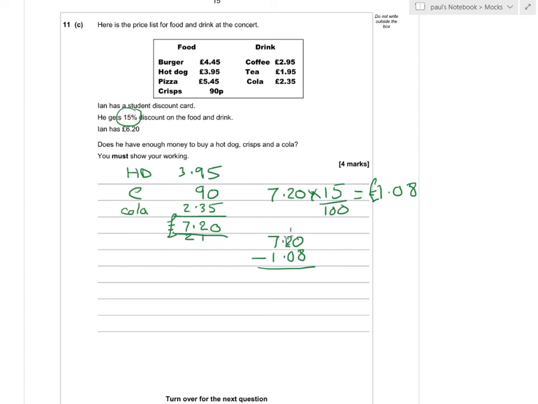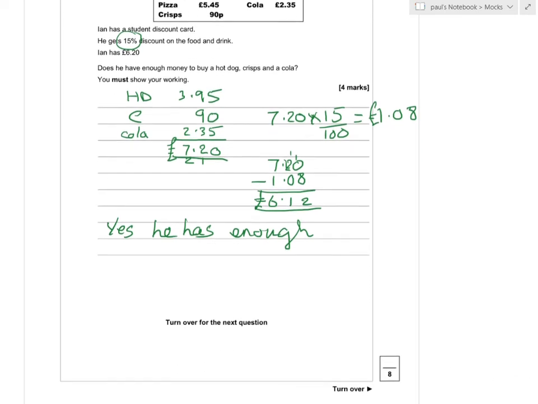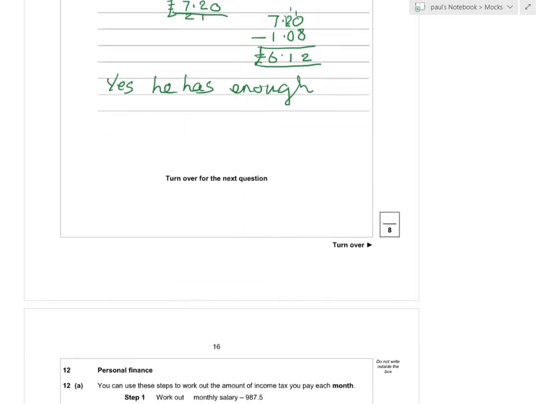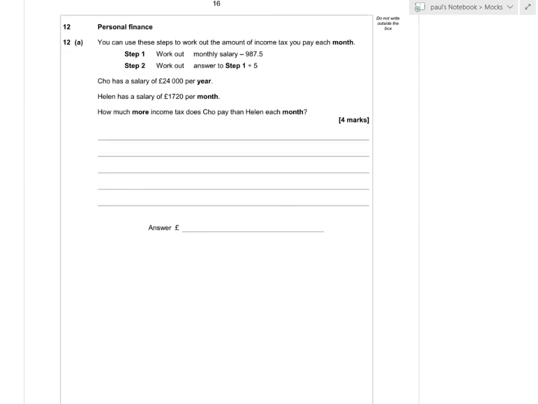Okay, so £6.12. Oh yes, he has enough. Yeah, because he's got £6.20 and it's only £6.12. They only got 8 pence left. Not much of a night out, is it?